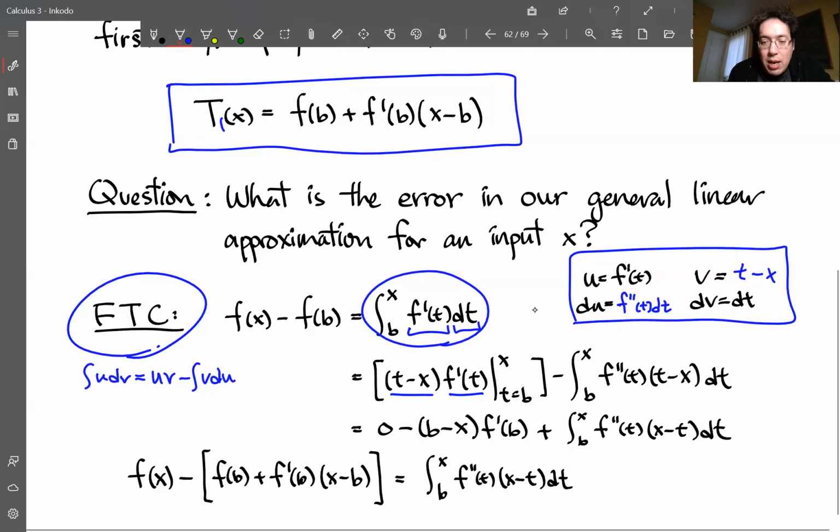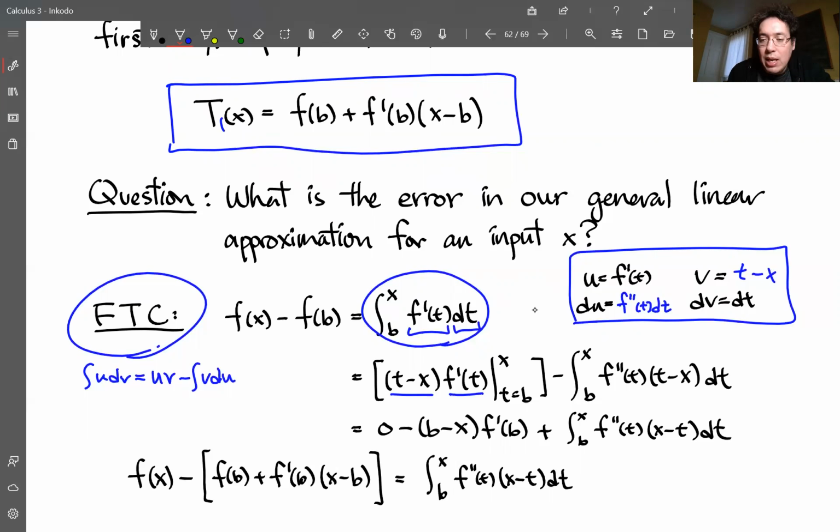Let's do the outside of the integral first. I'm going to plug in x first. If I plug in x into t, I have x minus x in front of the f prime of x, and x minus x is 0. So when you plug in x, you get 0. And then minus, you plug in b in place of t, and I get minus b minus x times f prime of b.